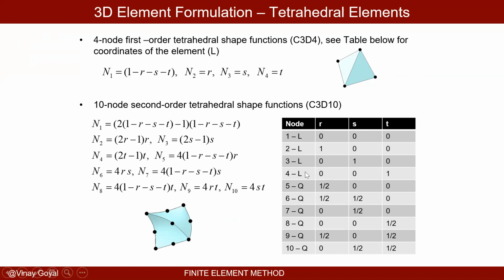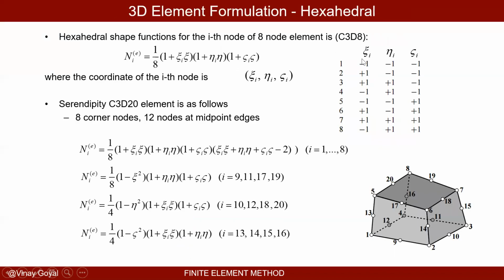And to extend it to the C3D10, you can add an additional 6 nodes, and they're located at the midpoints of the edges. So I invite you to draw a tetrahedron and try to plot this point so you can see where it lands. These are the shape functions for this element, while these are the shape functions for the simpler tetrahedral element.